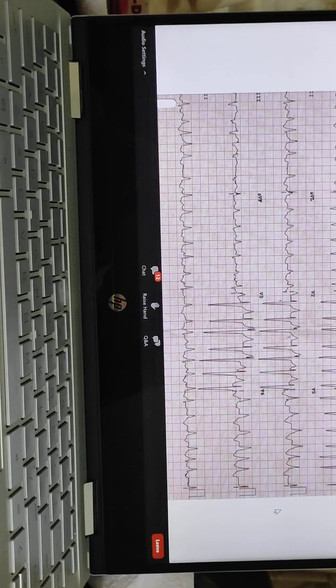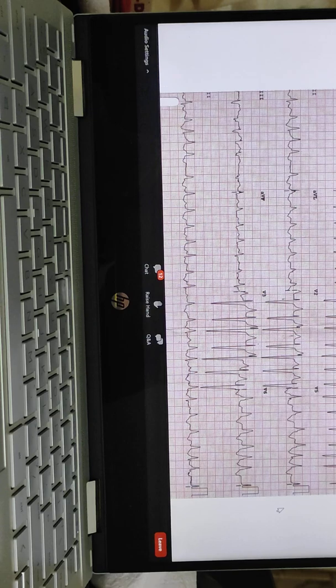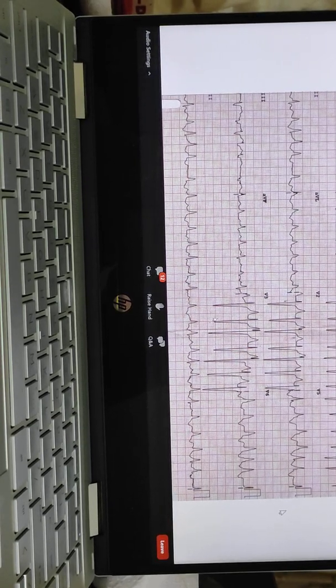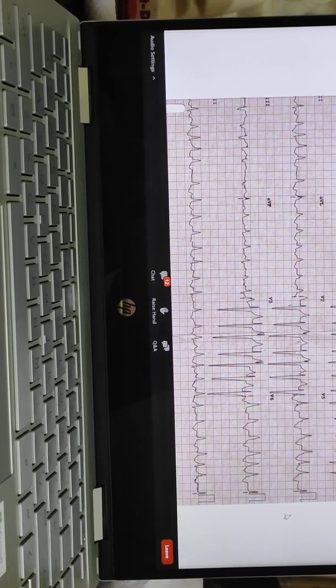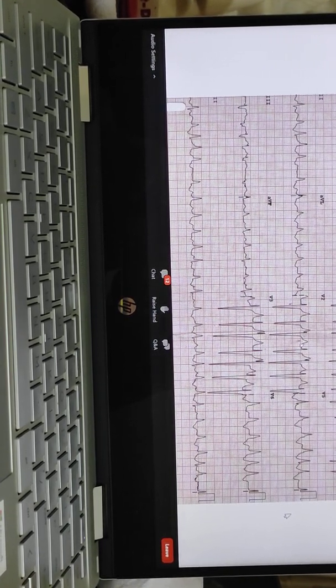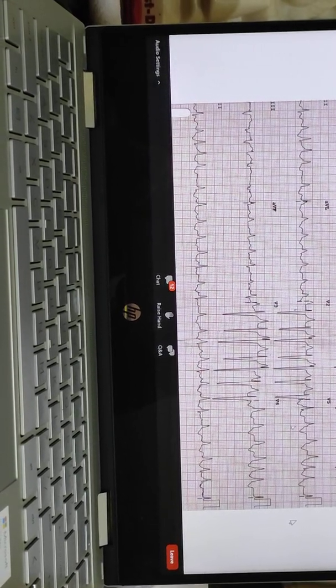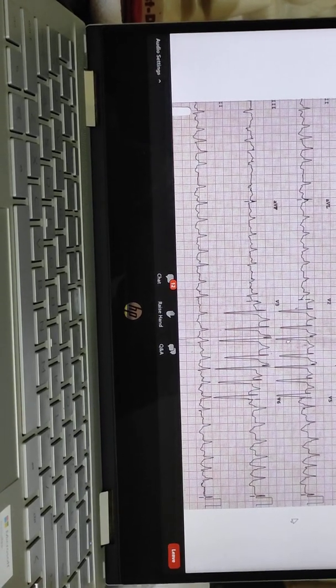There is no significant change in the QRS configuration and my rate is less than 200 per minute. Then I can suspect this atrial fibrillation is going through the AV node only, and the QRS is wide because this patient would have had either a pre-existing bundle branch block or a tachycardia-dependent bundle branch block.